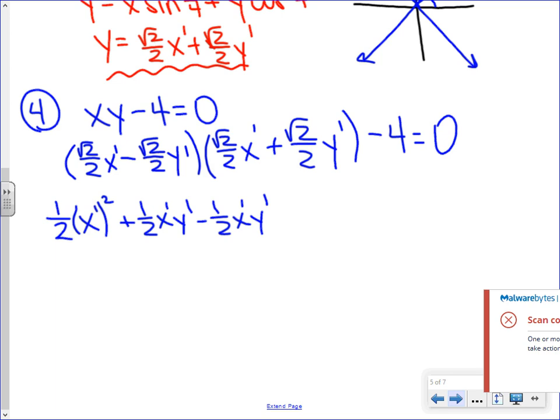And then negative radical 2 over 2 y prime times positive radical 2 over 2 minus 4 equals 0. Yes? Wouldn't that be minus 1 squared?